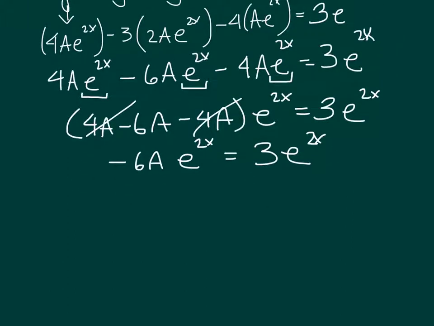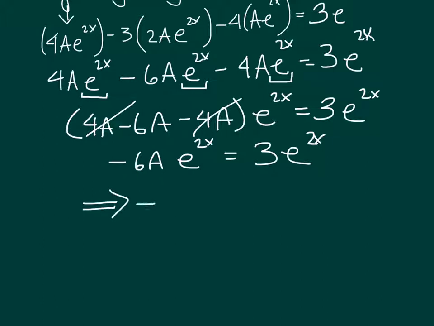What we want to do here is equate the coefficients. Notice that we're working with e to the 2x on both sides. If we're setting this expression equal to this expression, and we know these guys are the same, then I'm allowed to set these coefficients equal to each other.